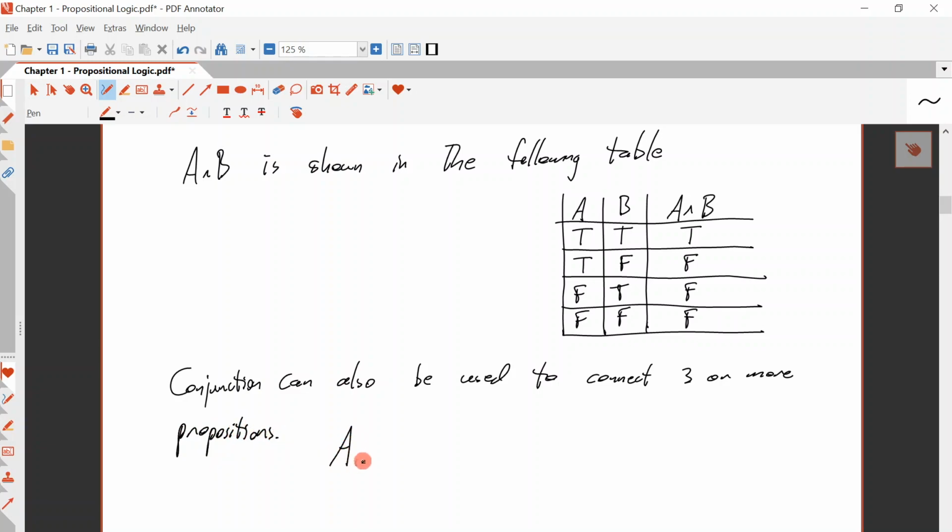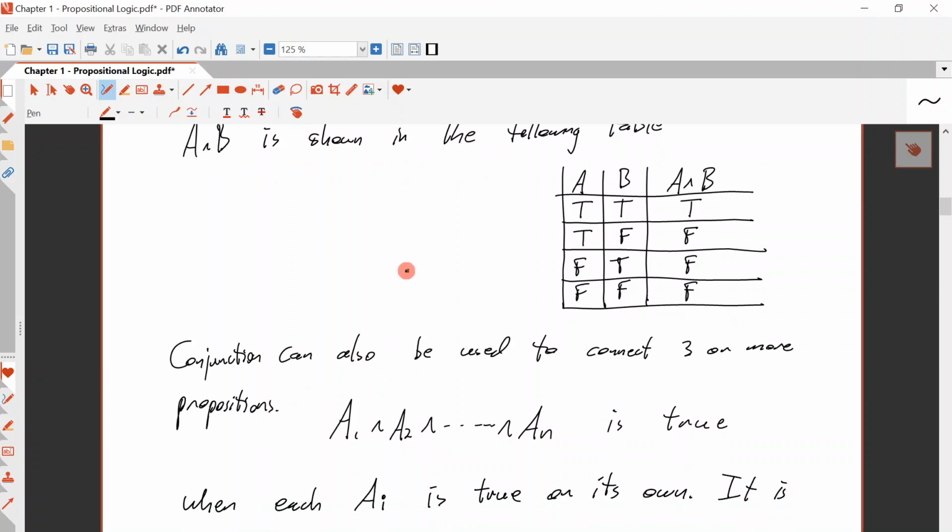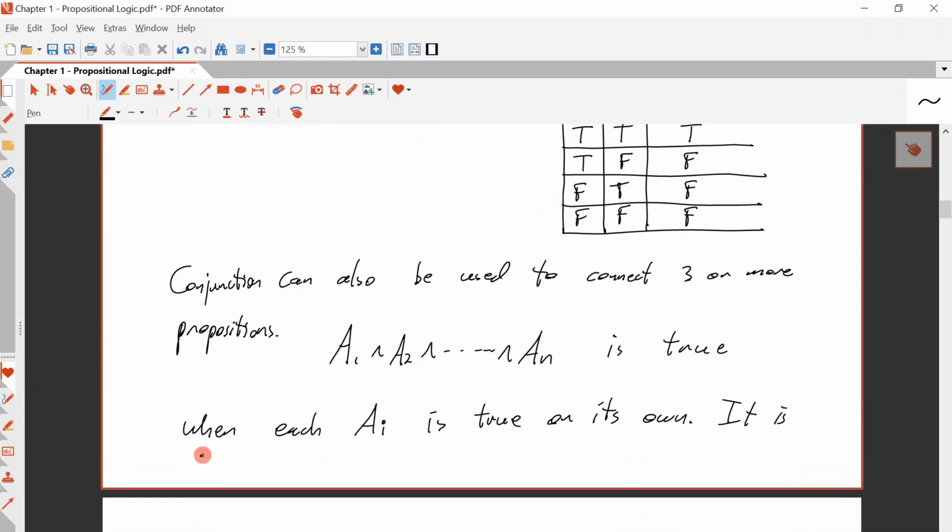A1 conjunction A2 conjunction A3 through AN is true when each Ai is true on its own. It is false when any one of the Ai is false, any one or more.